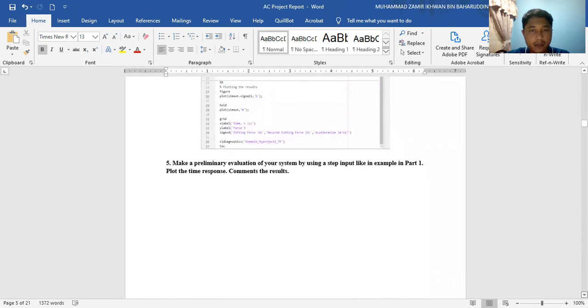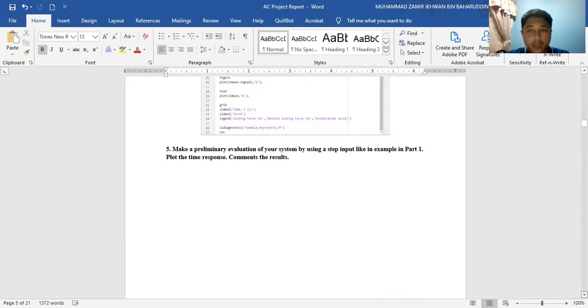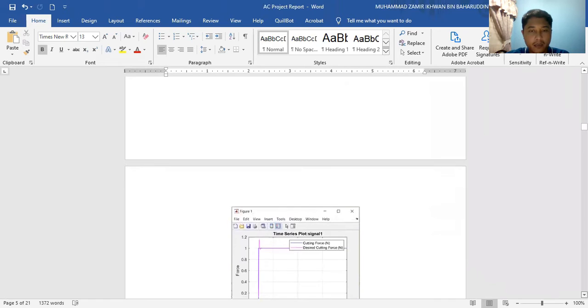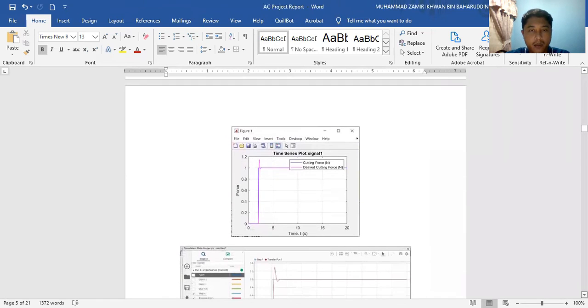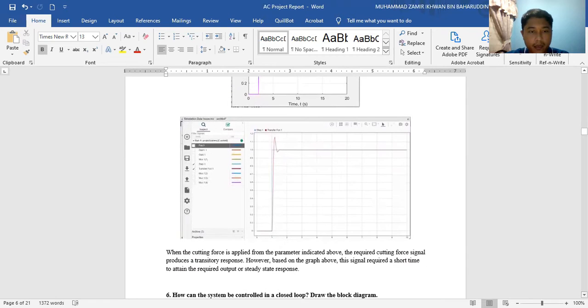Next is a preliminary evaluation of our system using the step input, like the example in part 1. This is the result, Figure 1, the time plot signal. This plot shows the cutting force and the desired cutting force, and this is also the result in Simulink.